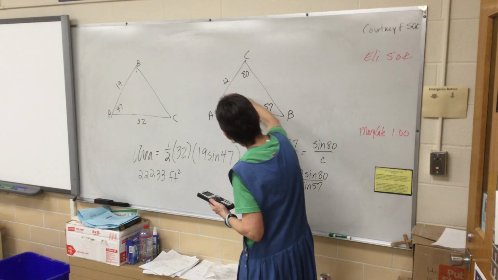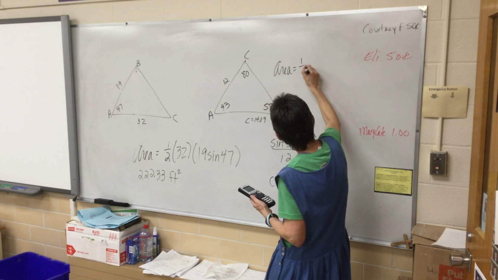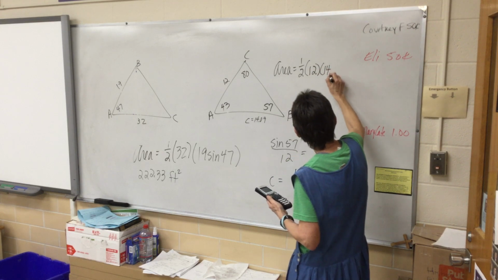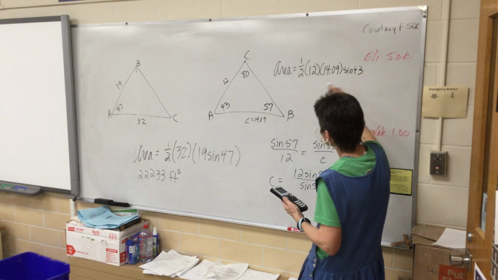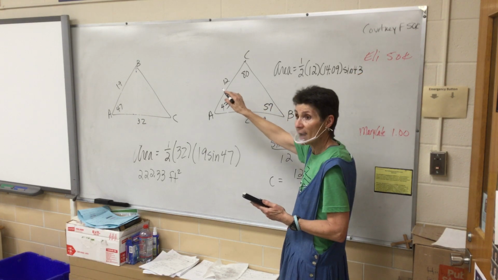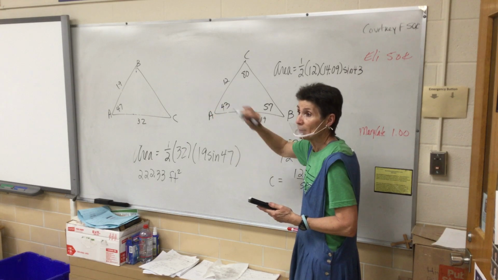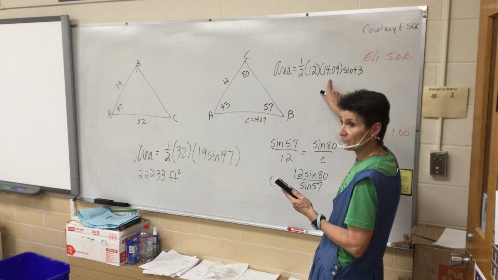So now look at what you have right here, guys. Now you can say your area is 1/2 12 times 14.09 times sine 43. Does everybody agree with that? 1/2 side, sine. Now when I type this in, I'm going to minimize round off. That number's in my calculator, right?